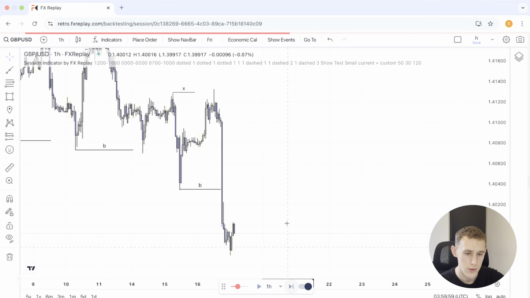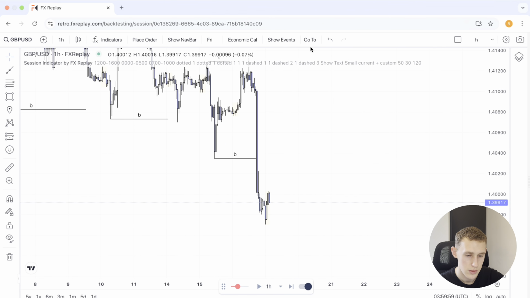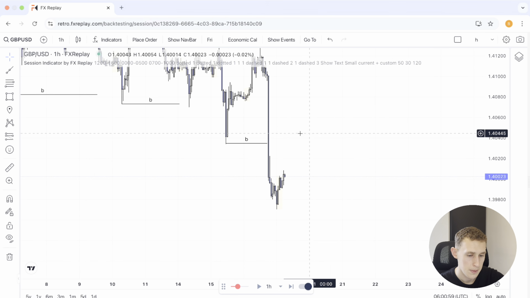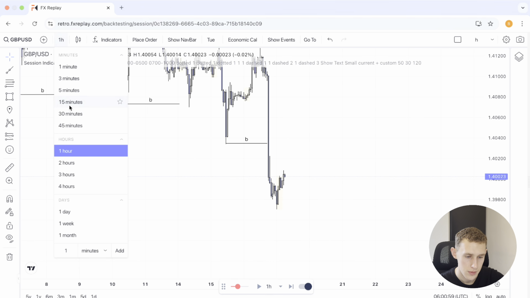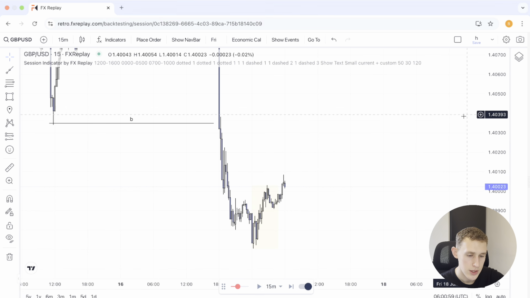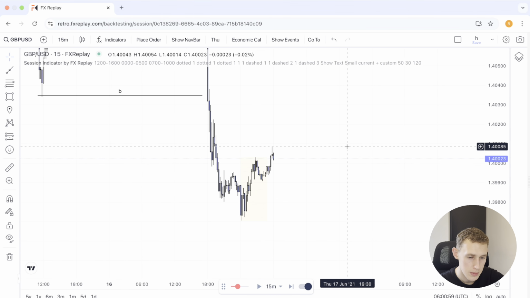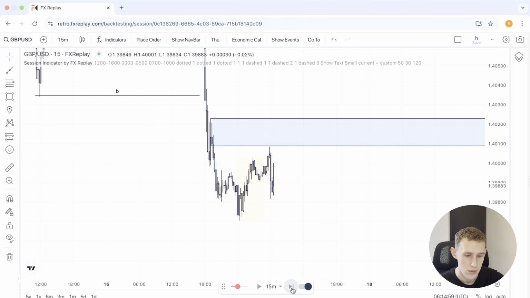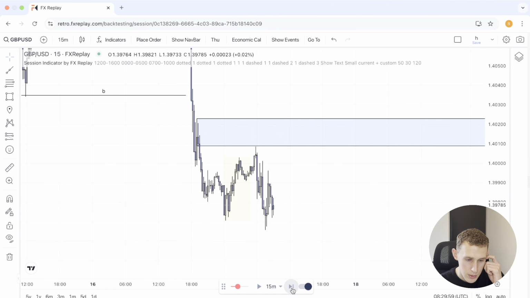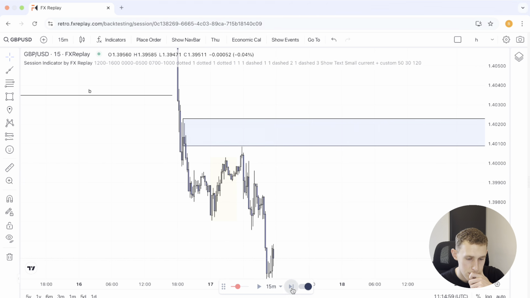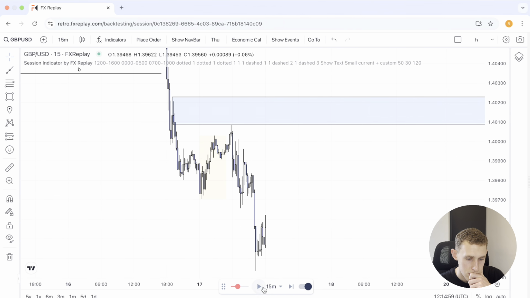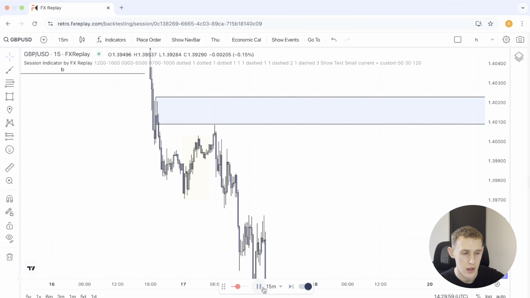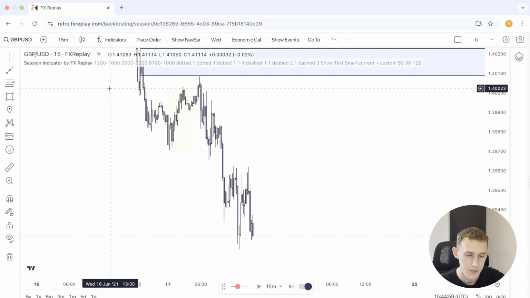Okay, I'm going to fast forward the Asia session as well. Next sort of POI that I would look at would be this area. If maybe we can see a sweep into it, which it doesn't look like price wants to do at the moment.